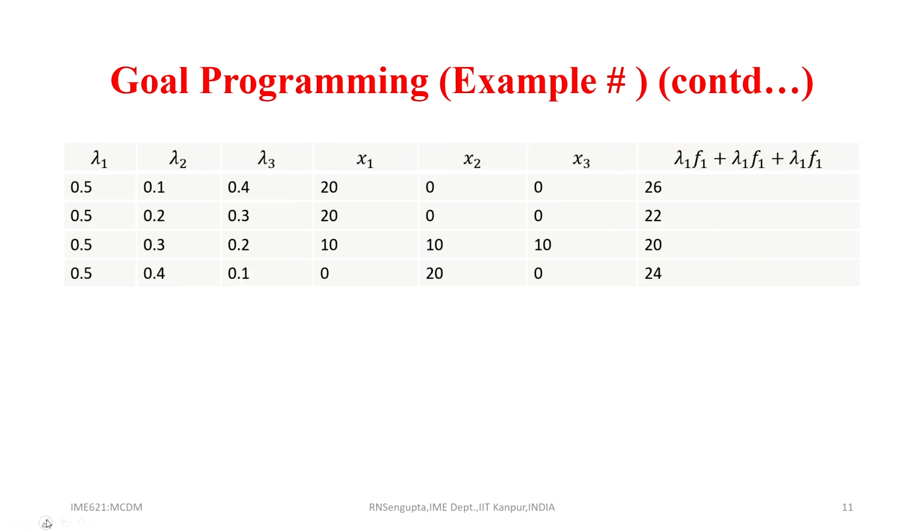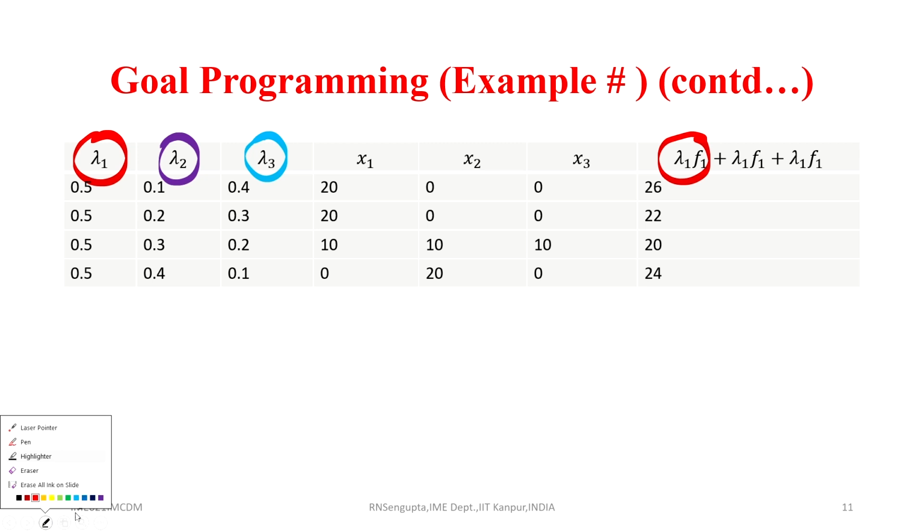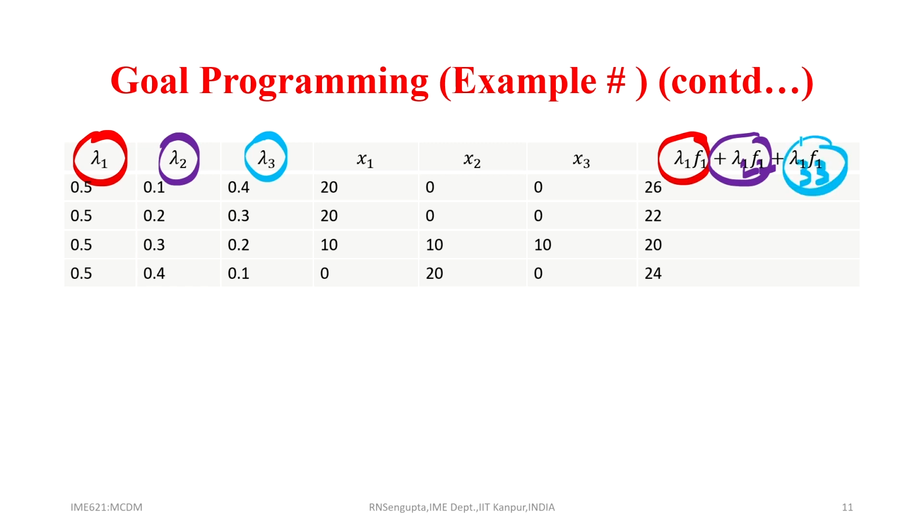These are when lambda 1 is 0.5, I am enumerating all of them. Lambda 2 second column, lambda 3 third column, this is lambda 1 into f 1 plus lambda 2 into f 2 plus lambda 3 into f 3. Sum of all the lambdas is 1 as usual. The decision variables different combinations are given here.